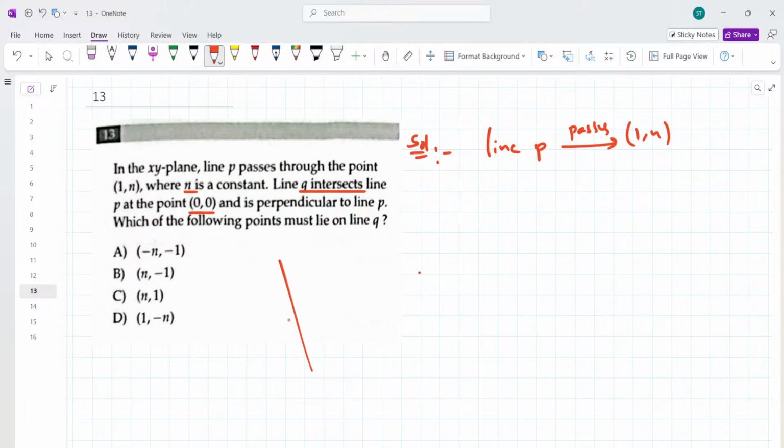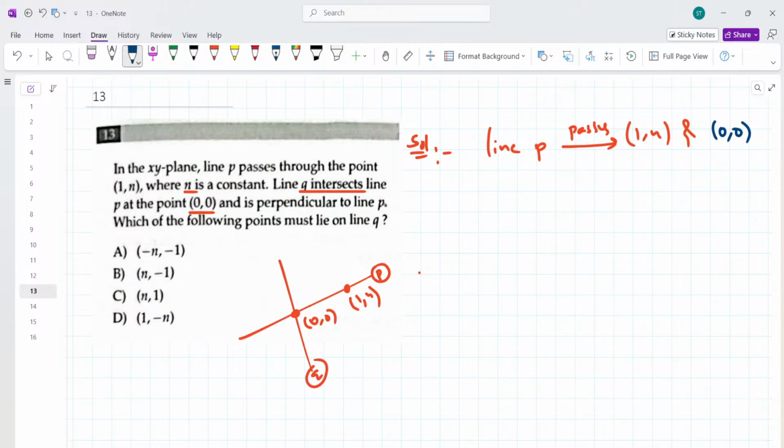Let me draw a line. Let's say this is line P and this is line Q, and both are intersecting at (0, 0), and there is one point on line P which is (1, n). So here line P has what points? (1, n) and (0, 0).